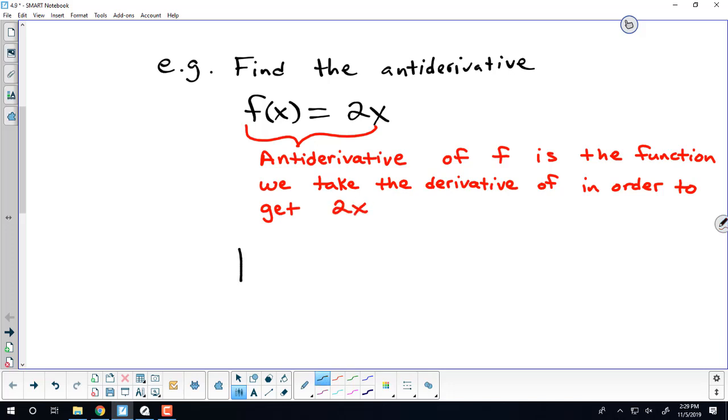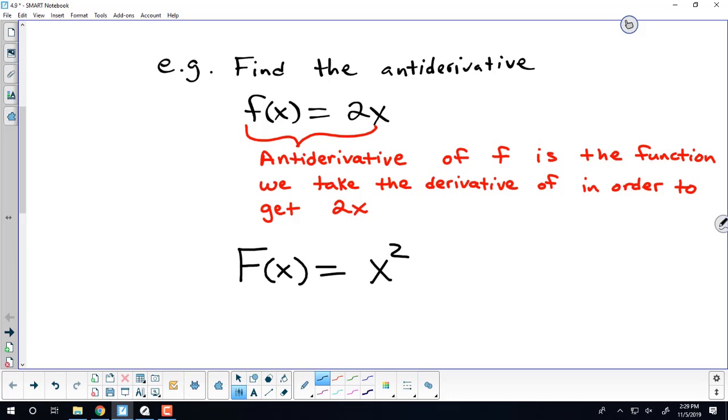We'll modify this in a little bit, but if we say that the antiderivative of 2x is x squared, because the derivative of x squared is 2x.